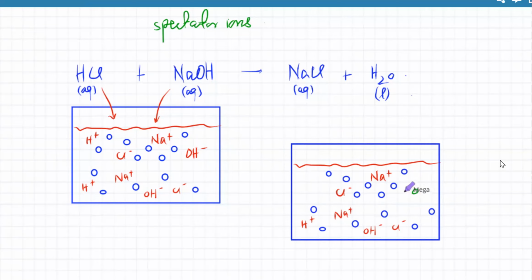So they ended up forming water molecules. अच्छा, this OH ion and this H+1, they got together as well and they ended up forming water molecules as well.